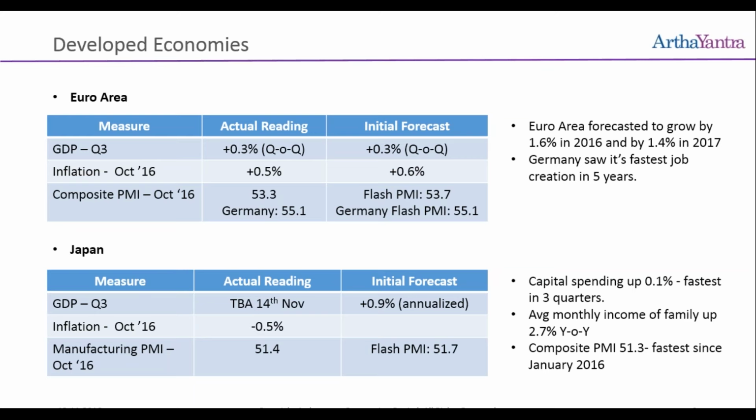Japan's central bank, the Bank of Japan, is trying to target a 2% growth in its inflation. However, due to low average family consumption, the inflation now is at a negative 0.5%. So Japan is once again back to its deflationary stages.